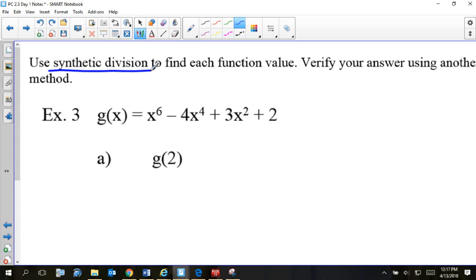So what you're going to do is take that 2 and put it as the box. And we'll find all our coefficients. Remember about zeros.